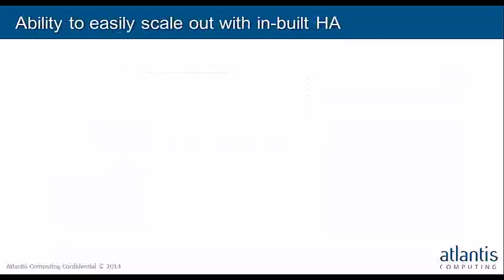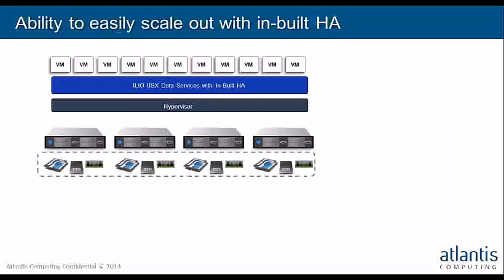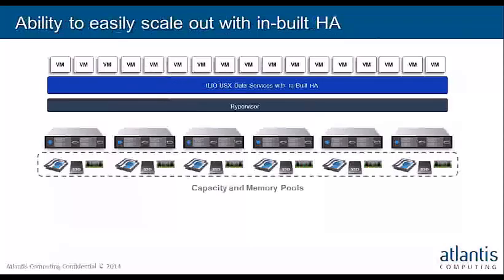ILIO USX actually comes with an ability to easily scale. So if you had to add extra servers onto the existing deployment, all you have to do is add the additional server resources onto your existing pools or create new pools out of that.